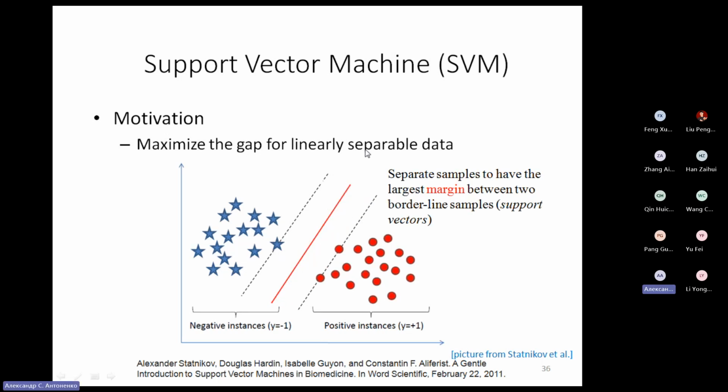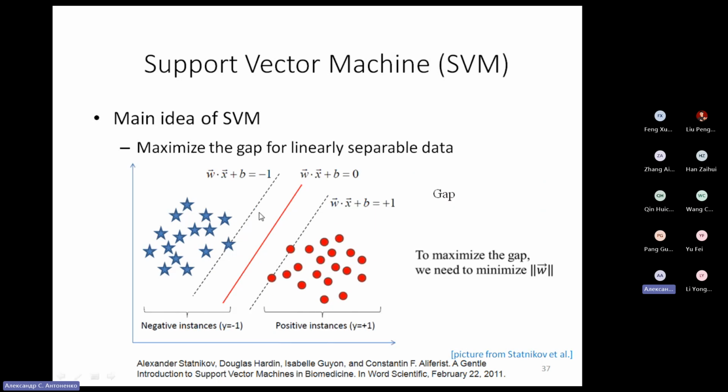So we use this line, not this line, or not this line. So we separate samples to have the largest margin between two borderline samples. These are called support vectors. So it can be represented in vector form. And to maximize this gap, we need to minimize this one.